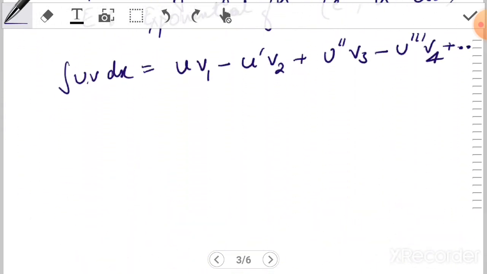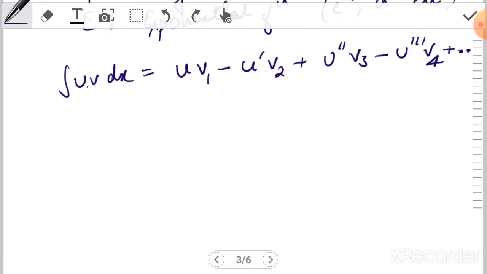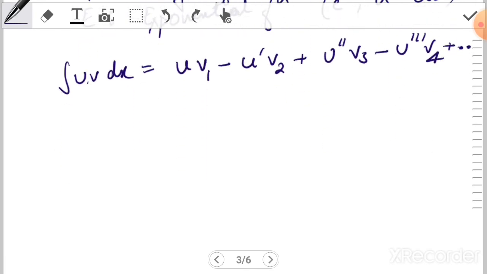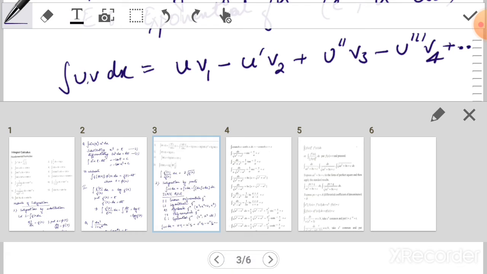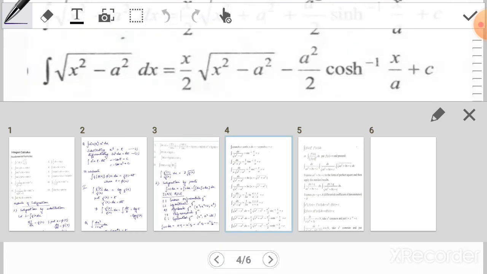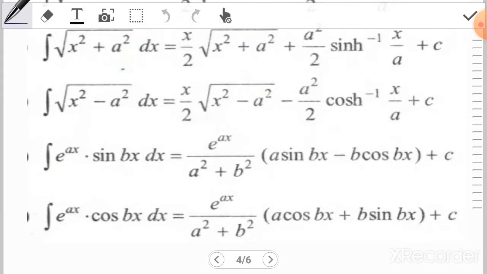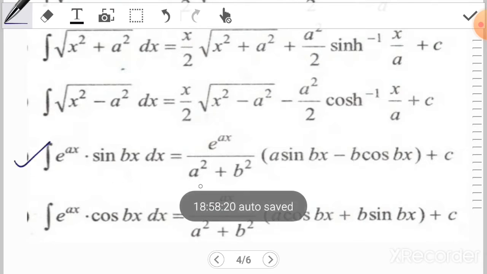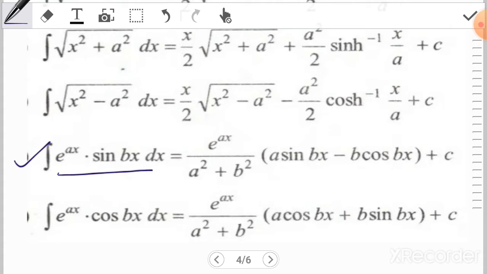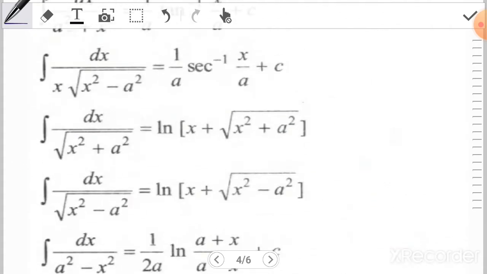Third, we have some formulae based on integration by parts, such as these. Yes, this is the formulae based on integration by parts. This and this, right?